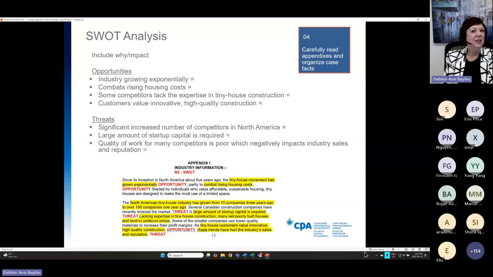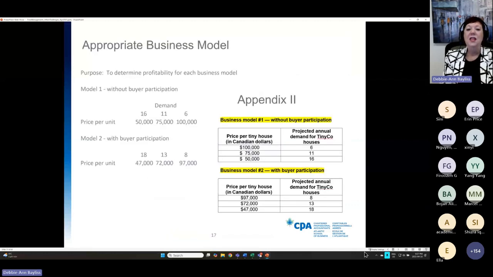Again, I've extracted the relevant case facts. I've included the equal sign because when I go back to write my response, I need to change that equal sign into the why and the impact. So the next appendix starts to provide me with some quantitative information because we know we need to do a quantitative analysis for the appropriate business model.